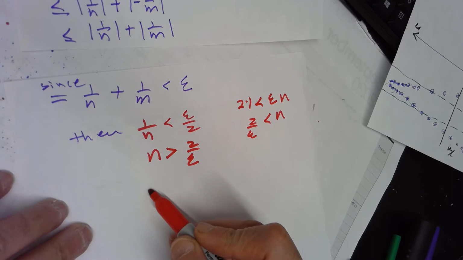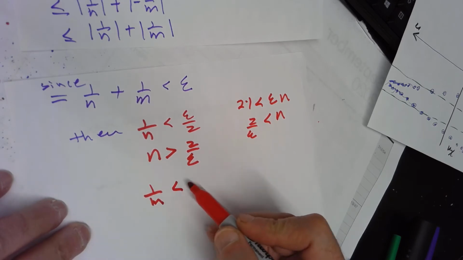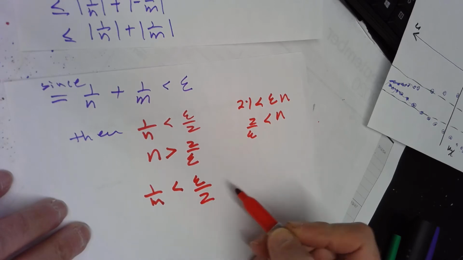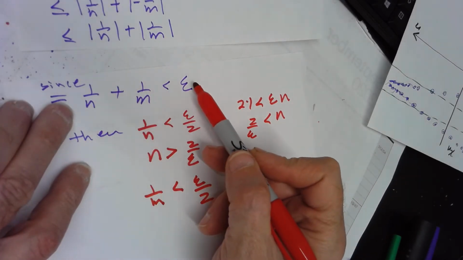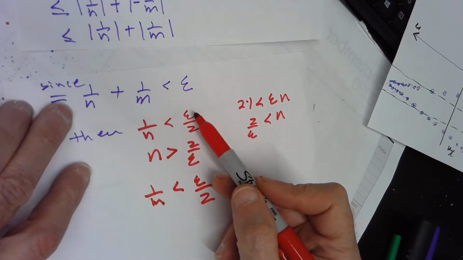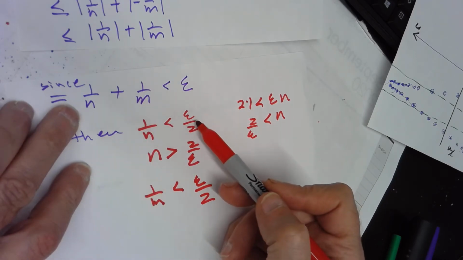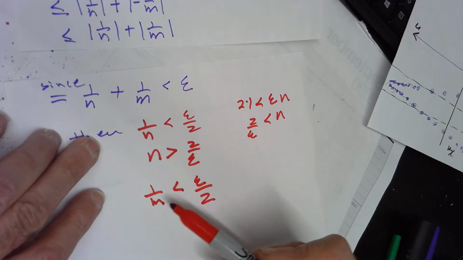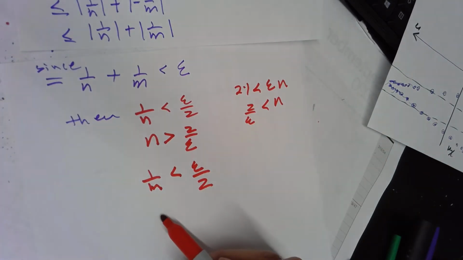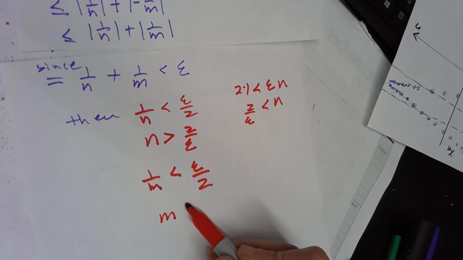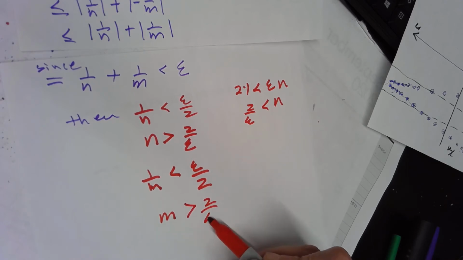Well, you could do the same thing for 1 over m is less than epsilon over 2. Since 1 over n plus 1 over m is less than epsilon, then we could just say that 1 over n is less than epsilon over 2 and 1 over m is less than epsilon over 2. So again, we apply the reciprocal: m is greater than 2 over epsilon.